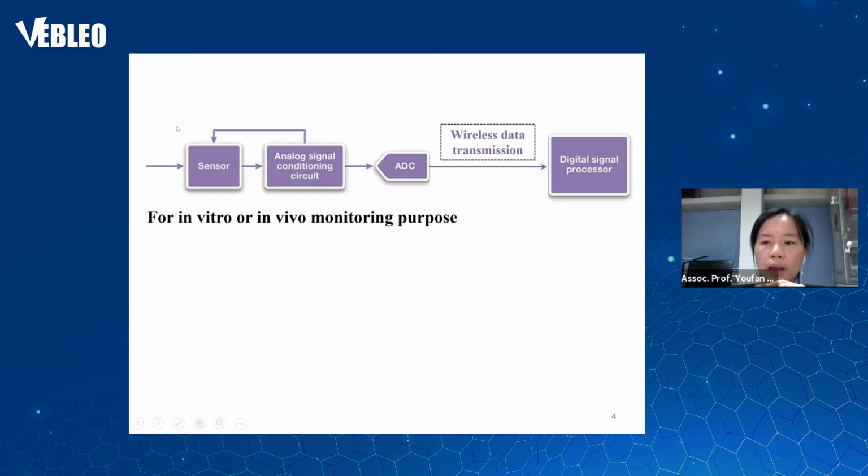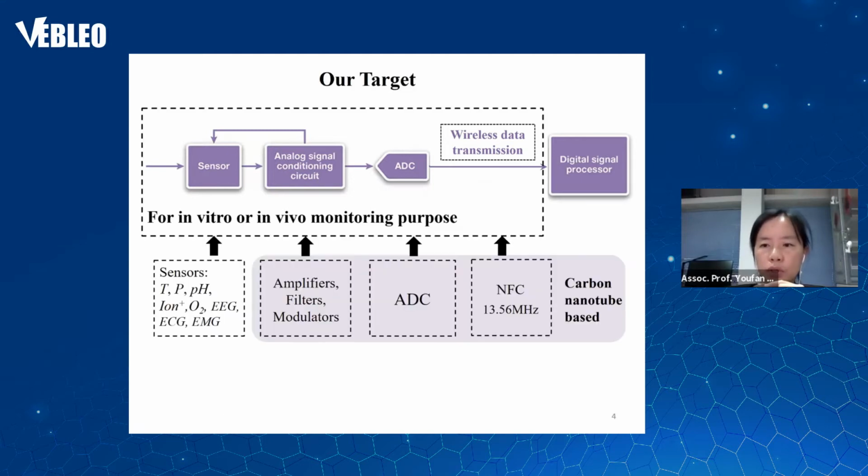Then we can get a higher signal-to-noise ratio, and also less signal distortion during the long-distance or short-distance wireless data transmission process. In our group, our research purpose is to build this kind of smart sensor system.